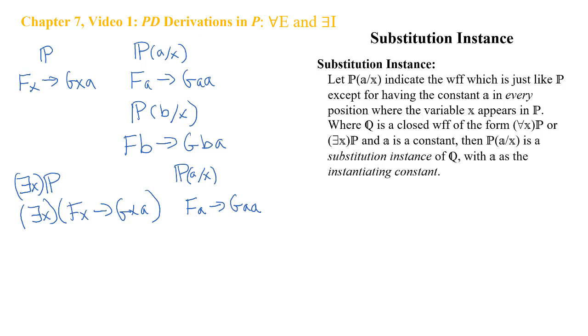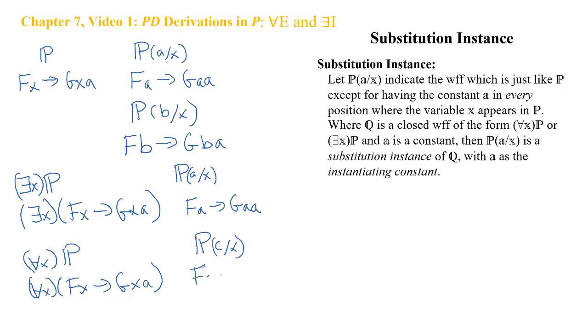Same thing applies to a universally quantified formula. Universal X on P would look like this. If we then took off the universal quantifier and substituted in, let's say, C for X, we would get this. Which, of course, is a substitution instance of the original universally quantified claim.